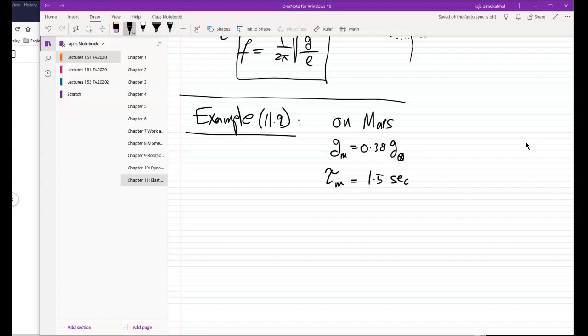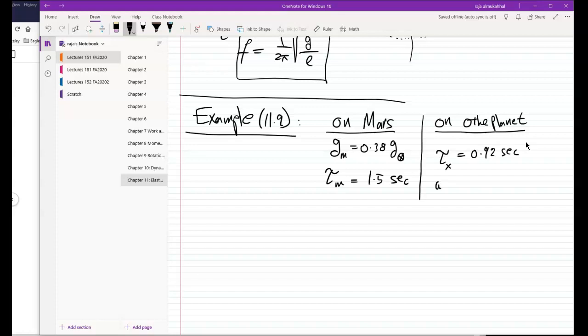Now, this is all on Mars. Now, on another planet, he said, you have a ball oscillates, and the period of the pendulum on the other planet, let's call it X, on the other planet X, is 0.92 second.